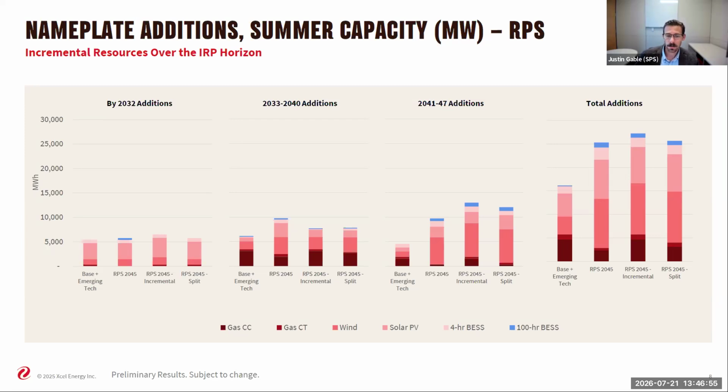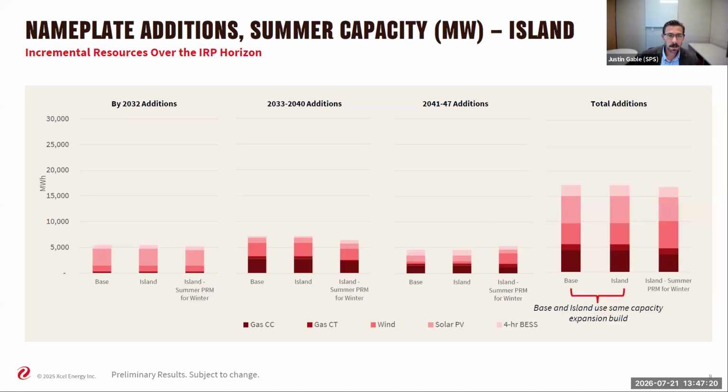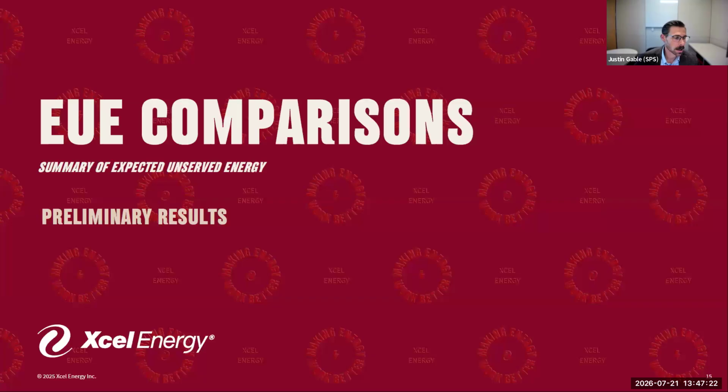I want to make sure folks keep in mind that all of our scenarios indicate a very similar build out that makes progress towards the RPS 45 requirement, and that we are not precluding ourselves from future technologies that might ultimately get us a lower carbon requirement or potentially carbon free in 2045. So, we'll jump over to the island scenario unless anybody has any further thoughts on the RPS scenarios before we go.